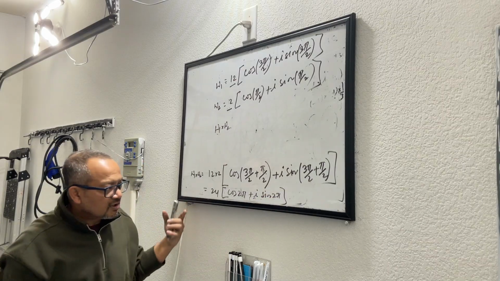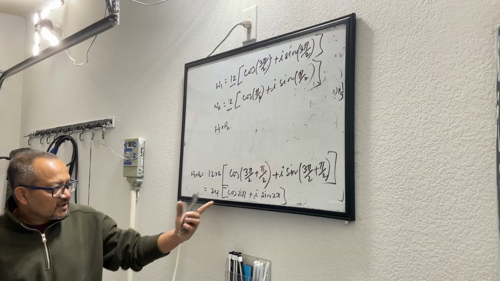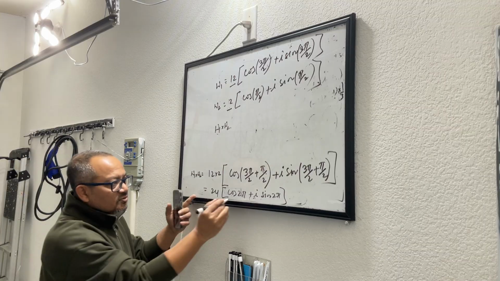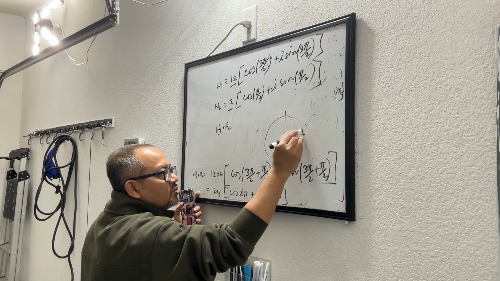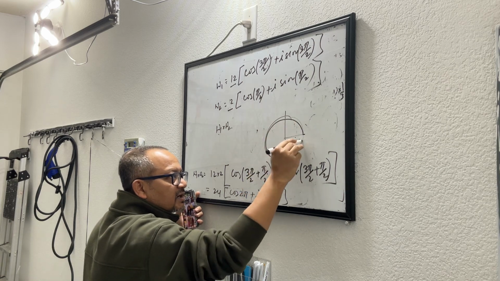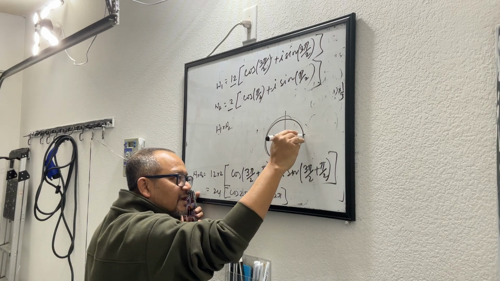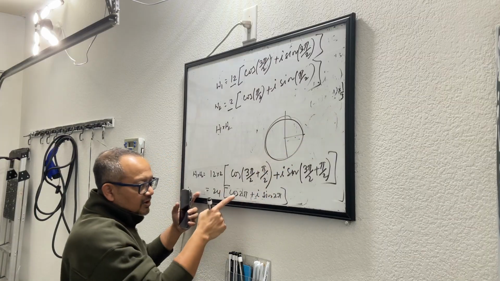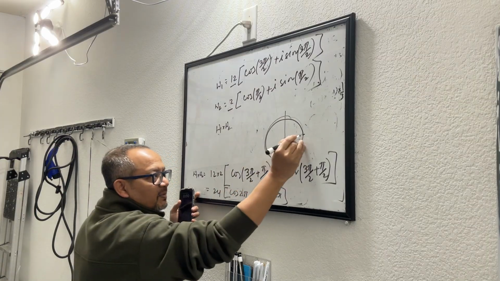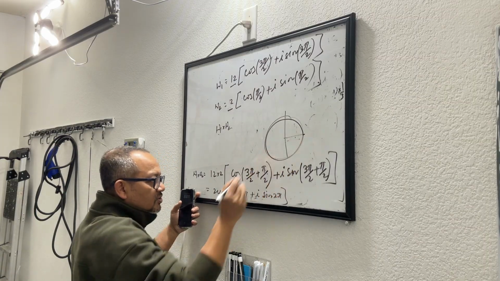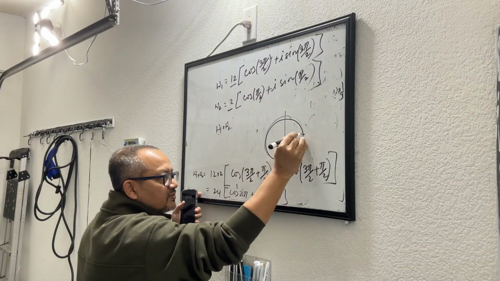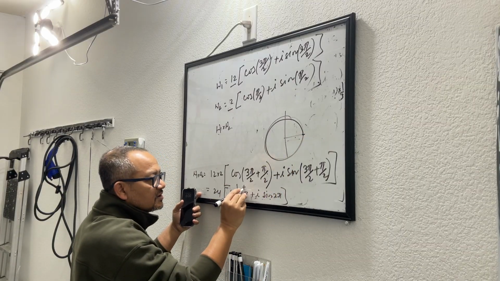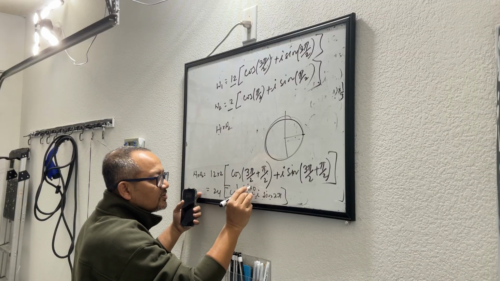And you know what? This resulting complex number is cos of 2 pi. If you visualize this in the unit circle, when you're talking about 2 pi, you are making a complete circle and coming back to the same point, which is as good as 0. Cos of 2 pi will be equal to cos of 0, which is 1. Sine of 2 pi will be sine of 0, which is 0.